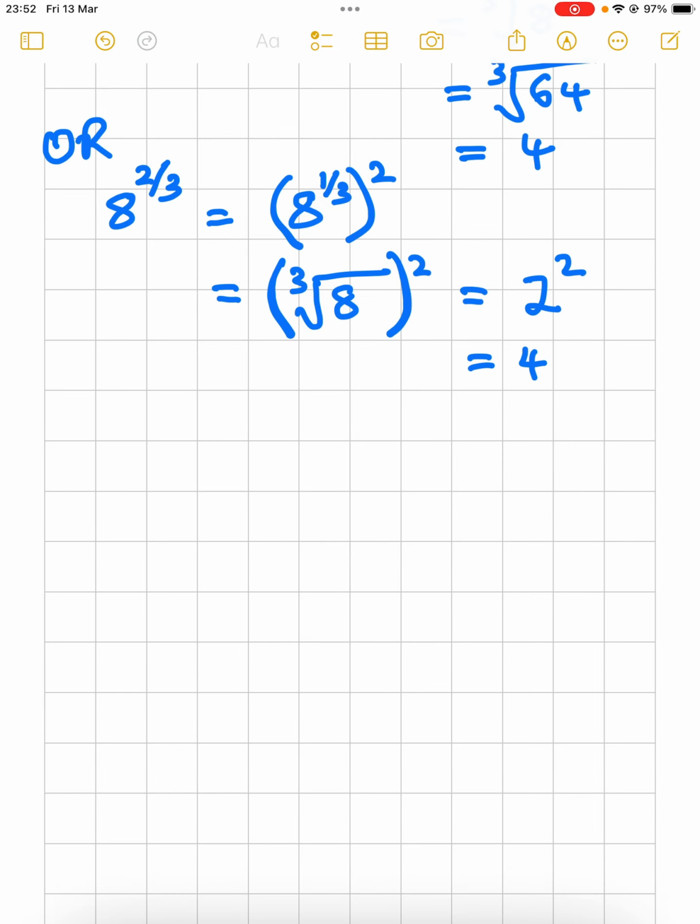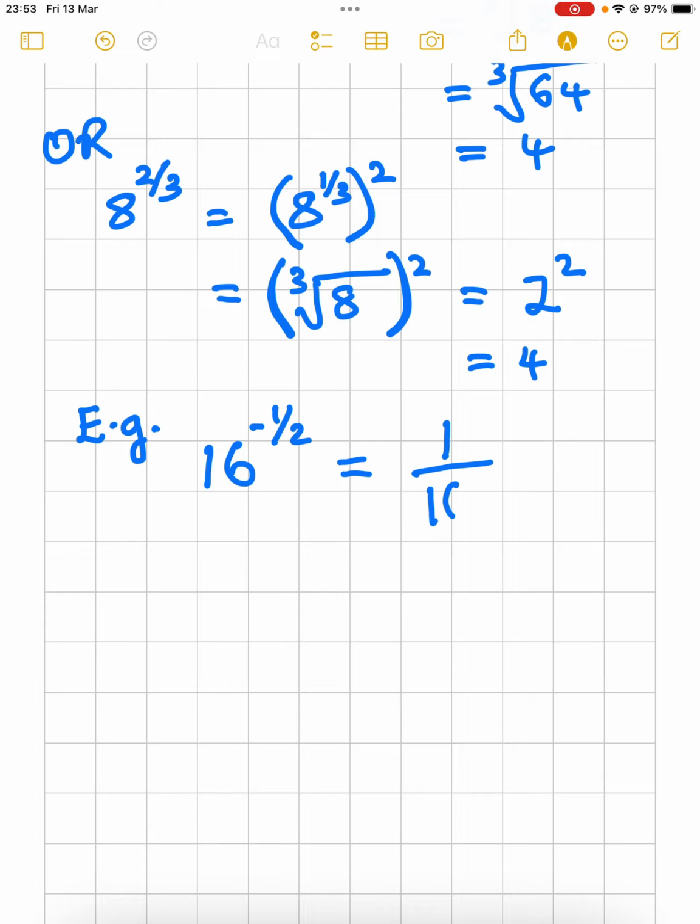Now let's quickly combine this with negative indices. Consider this, for example, 16 raised to power minus half. The first thing to do is to apply negative rule.